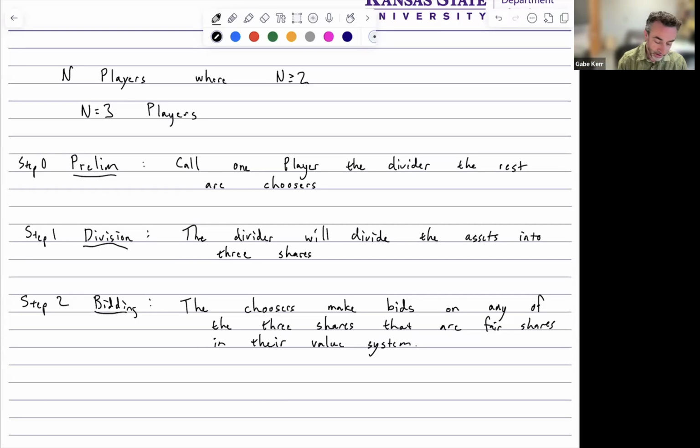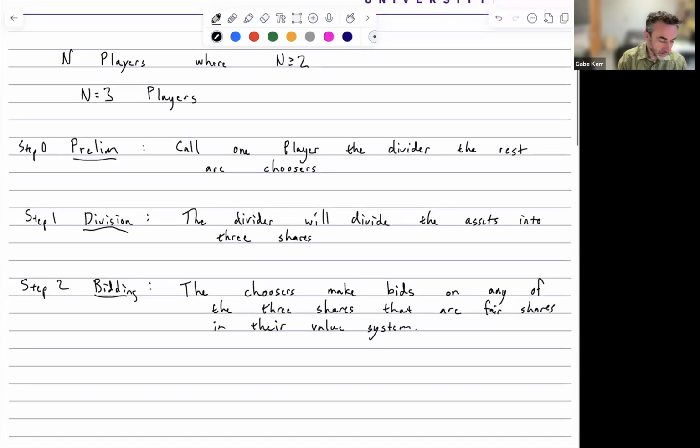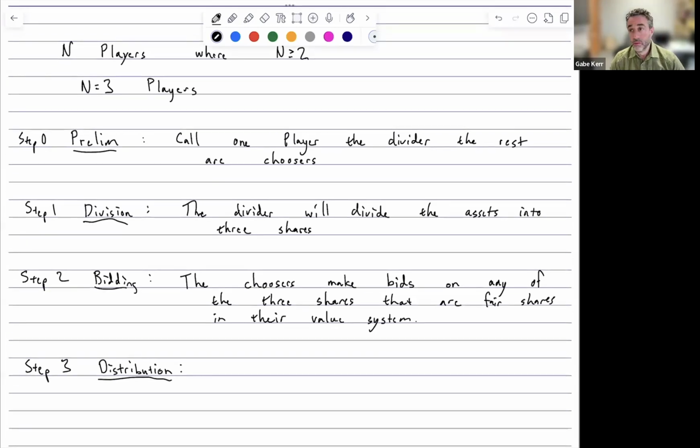So that's that step. And then the final step here is the most complicated one for this lone divider method, and that's called distribution. Here we're going to branch out into two different cases, but first we have a little bit of terminology of what we call a share now.